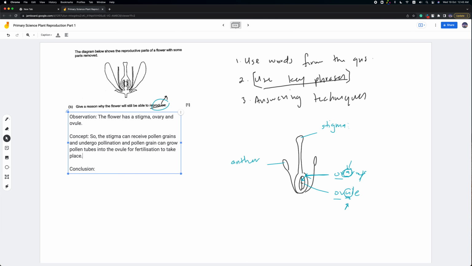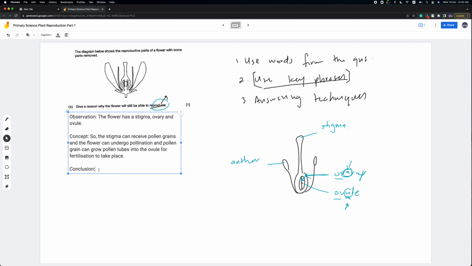So the stigma can receive pollen grains, and in fact, the flower can undergo pollination, and the pollen grain can grow pollen tubes into the ovule for fertilization to take place.